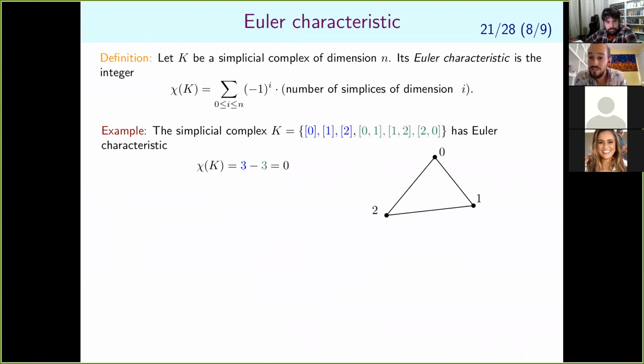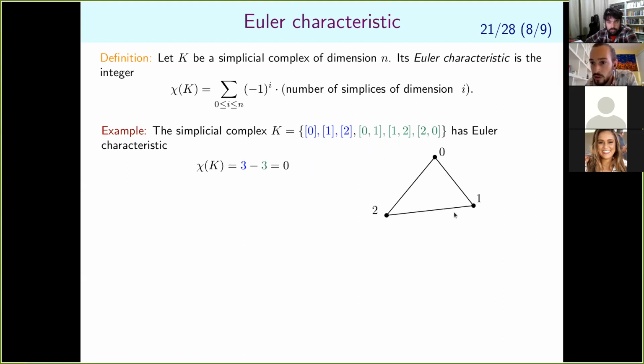Now I can define the Euler characteristic in great generality for any simplicial complex and not just polyhedrons. So let's take a simplicial complex K of dimension n. I define its Euler characteristic as the alternate sum of the number of simplices of each dimension. So if you don't want to read this definition, you can just look at this example.